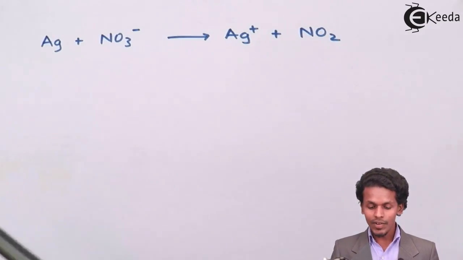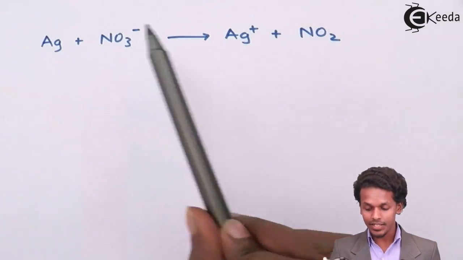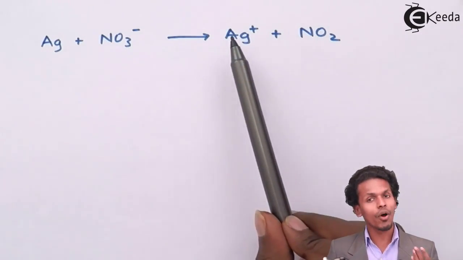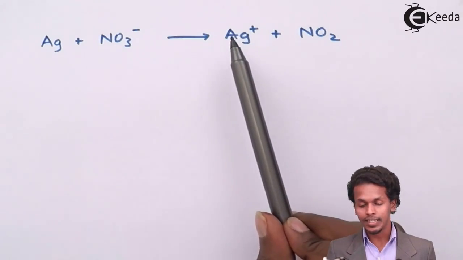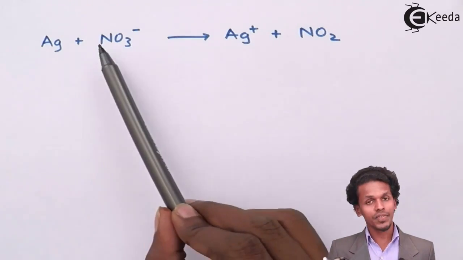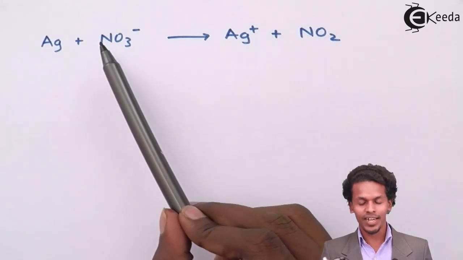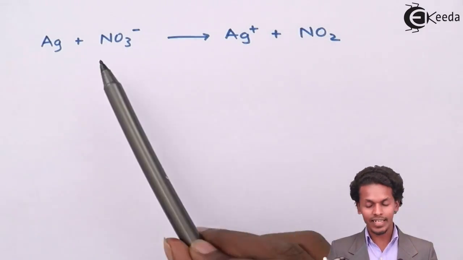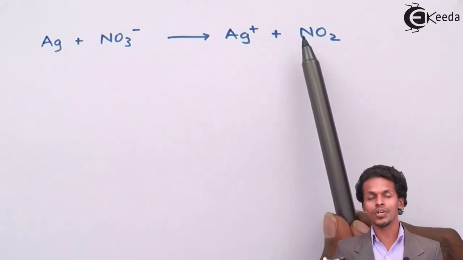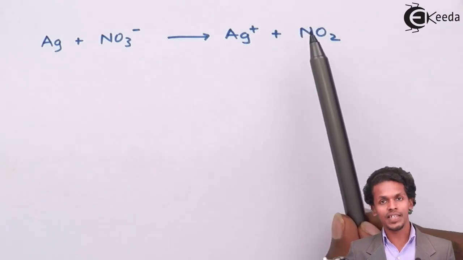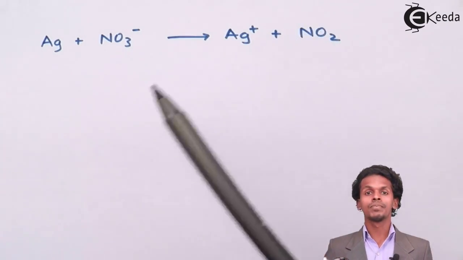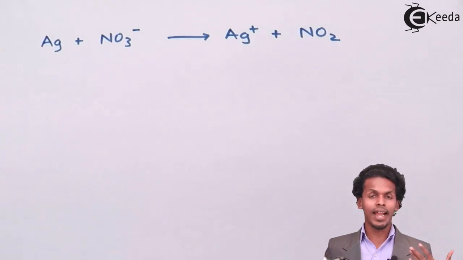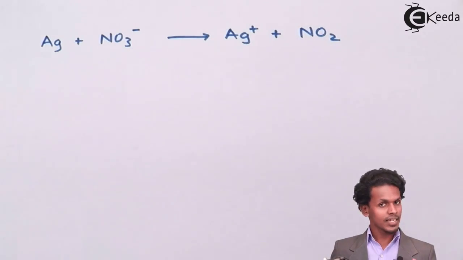In this case, the silver atom is balanced because 1 mole of silver is present on the reactant side, as well as 1 mole of silver in the form of ion on the right hand side, that is on the product side. Nitrogen, which is not oxygen and not hydrogen, is also present in 1 mole on the reactant side, and the number of moles of nitrogen on the product side is also 1, so both are the same. So we don't have to balance the atoms of nitrogen and silver in the initial state.